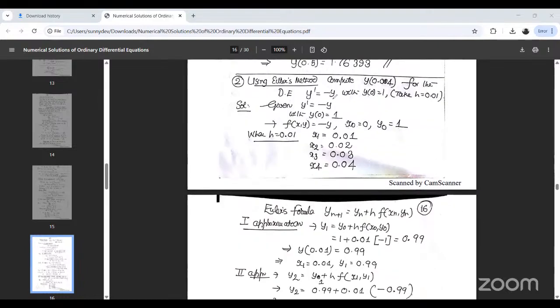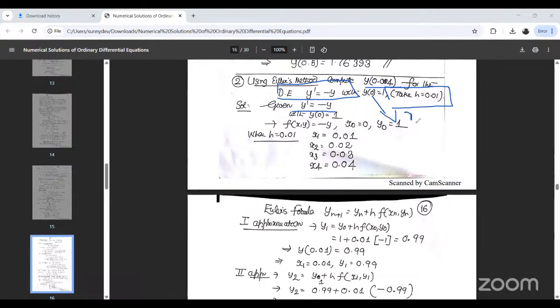Now see the second one. They are asking to find y of 0.04, so we need to take h equal 0.01.